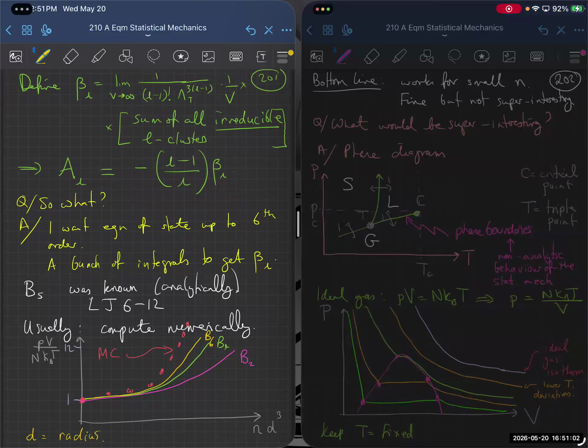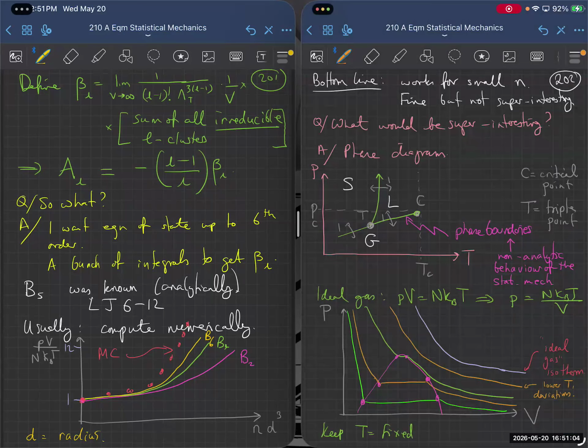And now we need to know some names. This point here, where this point of inflection occurs, is the critical point, and this is the critical volume, and this isotherm is T equals Tc. Therefore, this isotherm is T greater than Tc, and this one is T much greater than Tc.